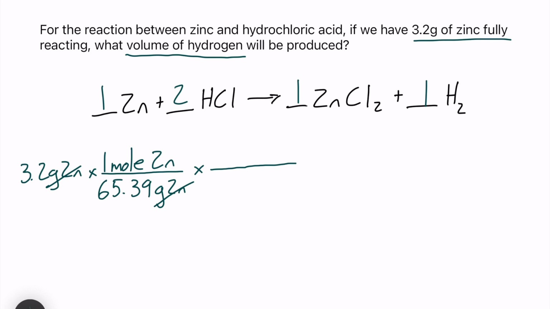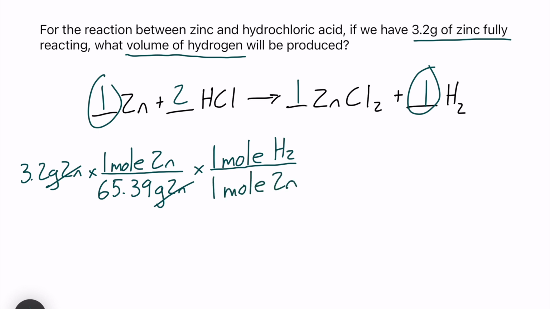So next step, we are going from moles of A to moles of B. We are going to be using our coefficients from our balanced reaction. It looks like we just have a 1-to-1 ratio, which is okay. When you get more advanced, you'll realize that you can skip this step if you have a 1-to-1 ratio, but sometimes it's easier to include all the steps.